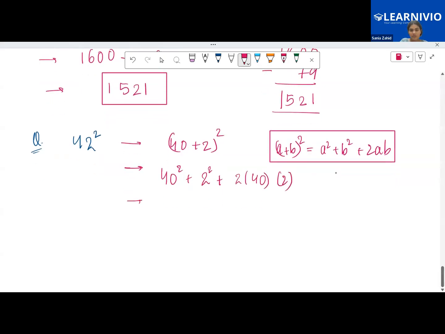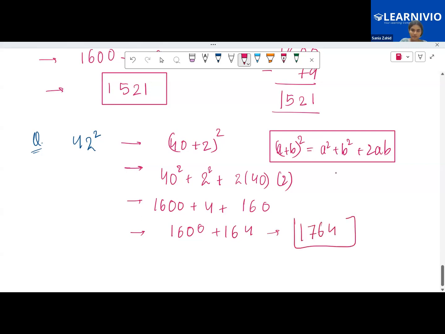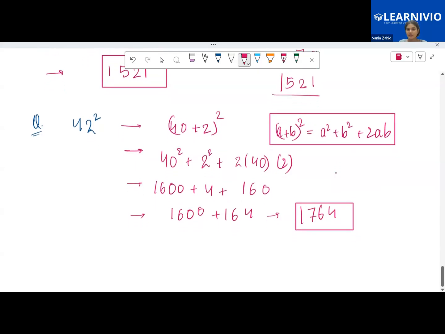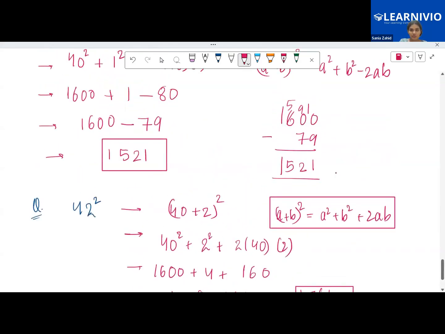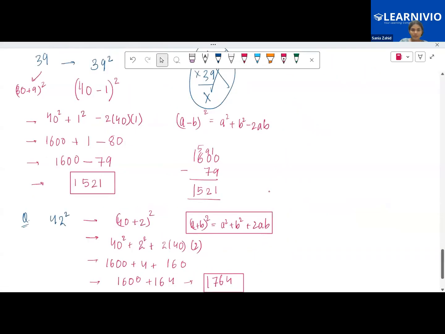So this becomes 1600 plus 4 plus 160. So you'll get 1600 plus 164. You'll get 1764. So this will be your answer. So such type of questions can you now do by using these identities? You just have to clearly remember these two identities. Okay, Mustafa? Yes, ma'am.